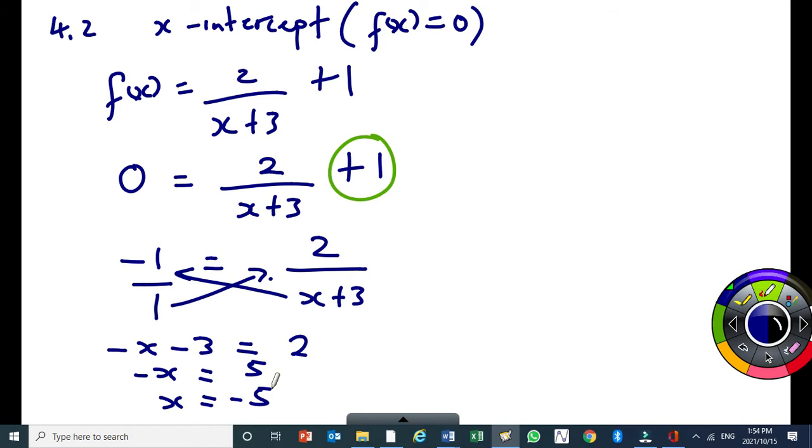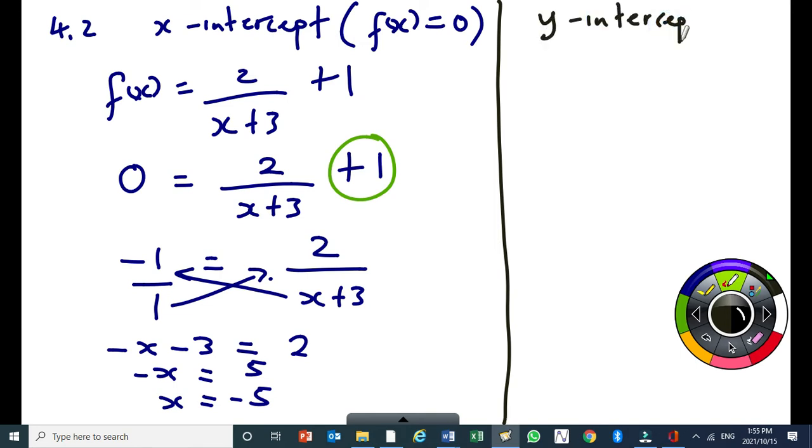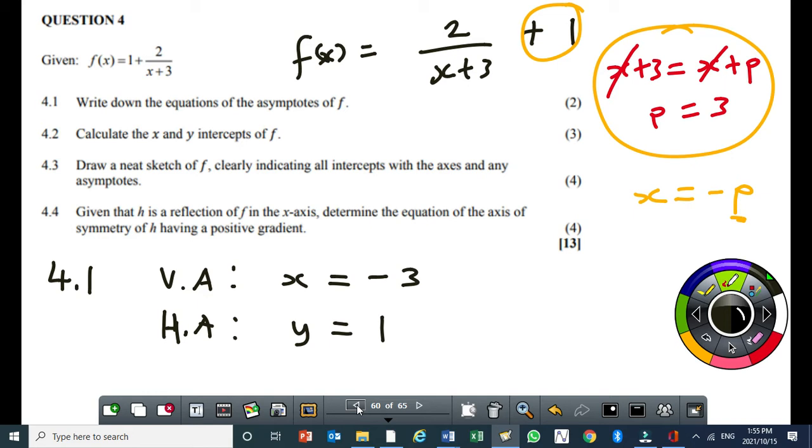Then the y-intercept, we have to substitute. Now be aware that here the question does not say the coordinates of the x and y intercepts. So we're only finding the value of x at the intercept and the value of y at the intercept.